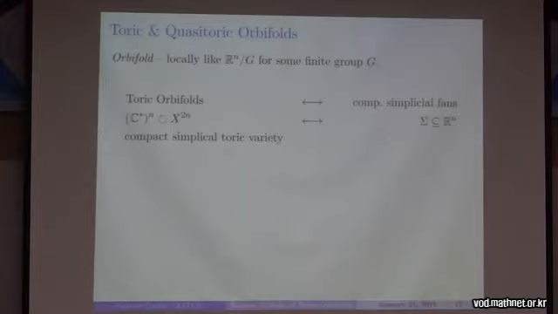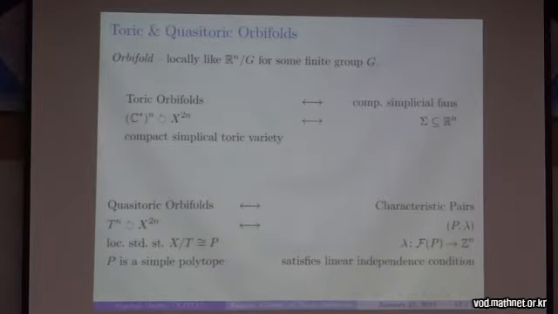Okay, so this is where I'll talk about quasi-toric orbifolds, and you can define these similarly to quasi-toric manifolds, where you have a two-dimensional orbifold with a half-dimensional torus action, where the action is locally standard and the quotient is identified with a simple polytope, and that's in one-to-one correspondence with characteristic pairs with, again, a simple polytope, but now the characteristic function will not necessarily give you a basis around each vertex, but just a linearly independent set of n integral vectors.